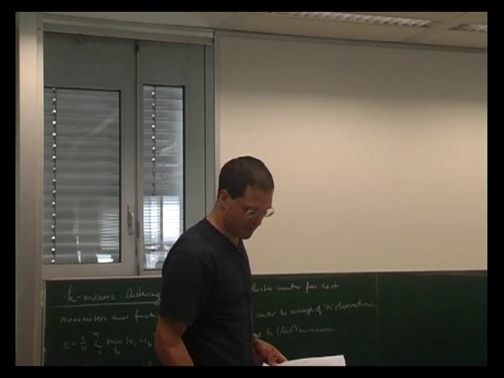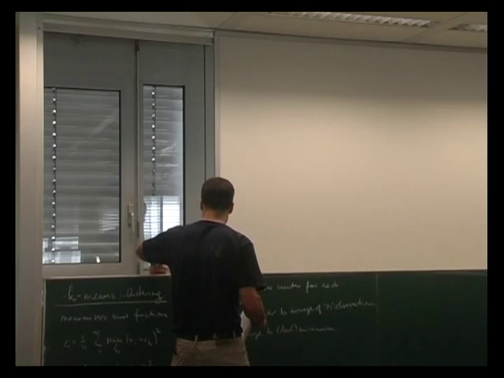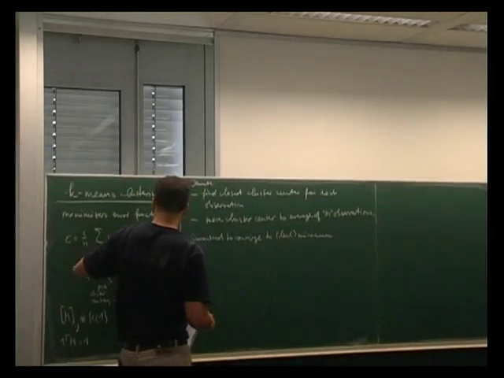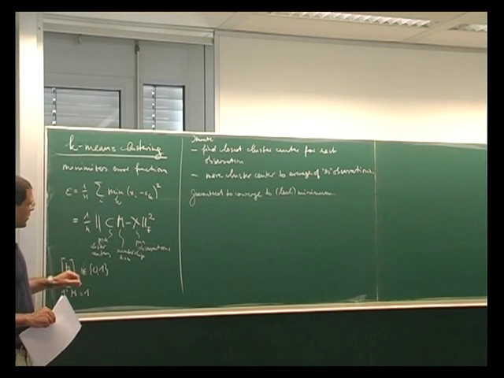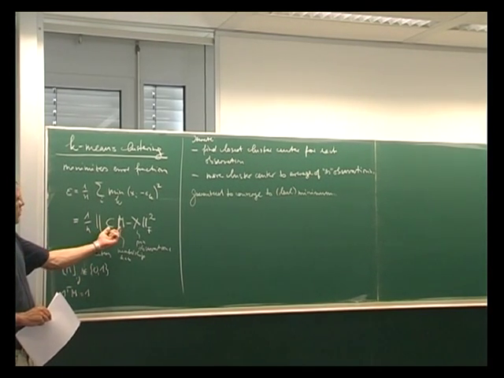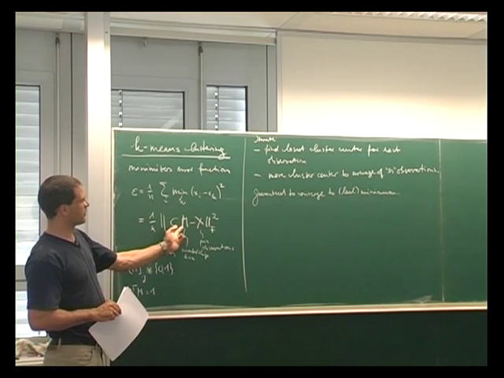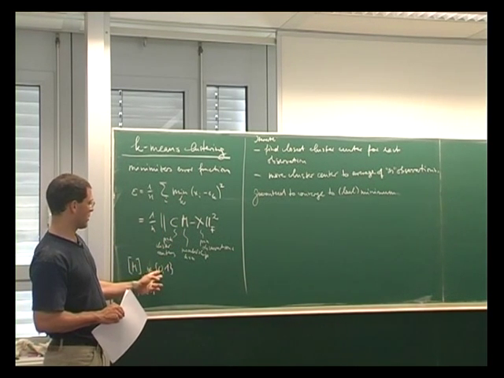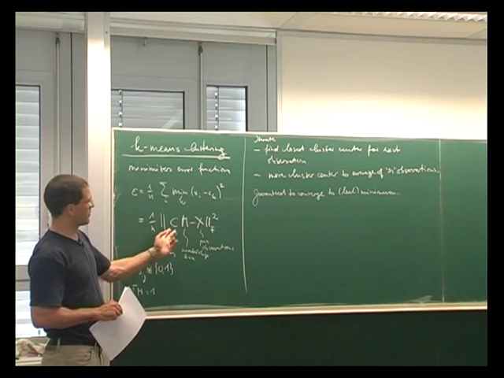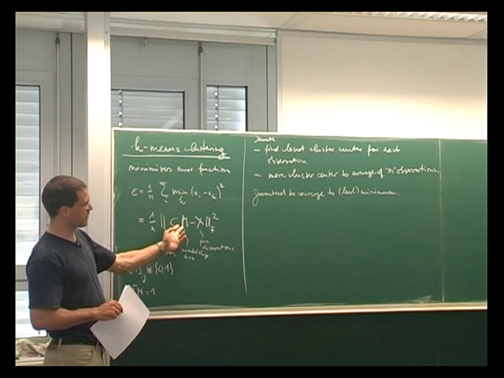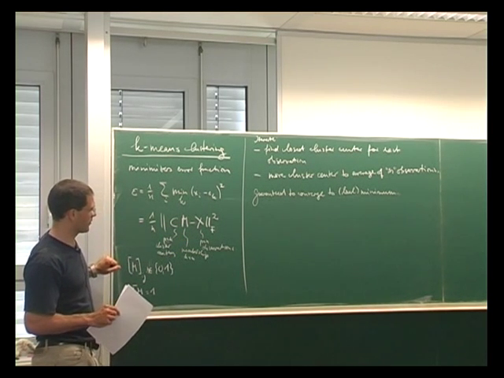Now this error function may remind you of something we've seen before. If we only constrain the rank of these matrices, but do not require that they be binary and stochastic, then the solution would be given by the singular value decomposition or by principal components analysis.